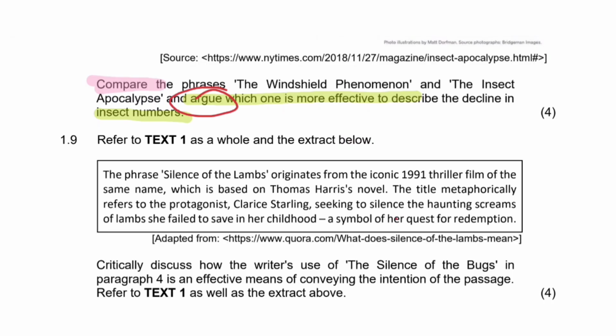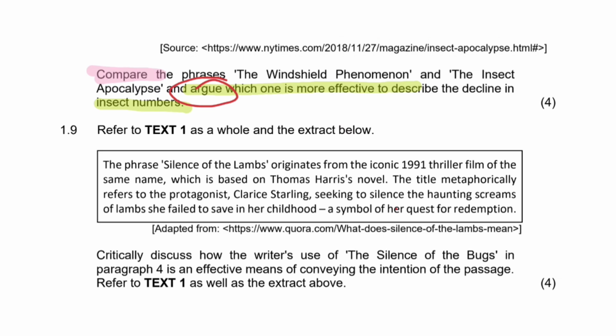You are highlighting how the elimination of insects is destructive. You could argue otherwise and say that apocalypse is too exaggerated, that exaggerating the decline in insect numbers robs it of the importance that it needs to be treated with. And the exaggeration undermines the problem. Remember that we are comparing in our answer.